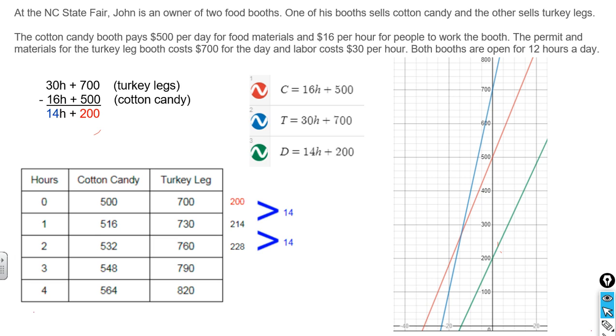Number 3 says, if cotton candy sells for $4 per bag, how many bags does the owner have to sell to break even? So again, we have C representing cotton candy and H representing hours of labor per day. And this was the original equation we came up with for cotton candy. So now what we know is the price per bag.